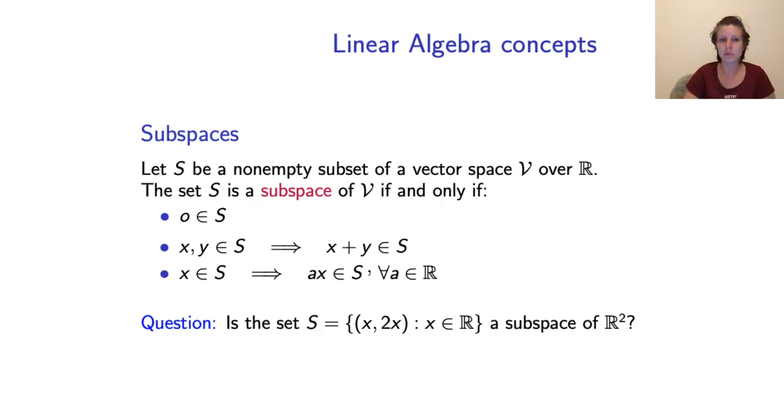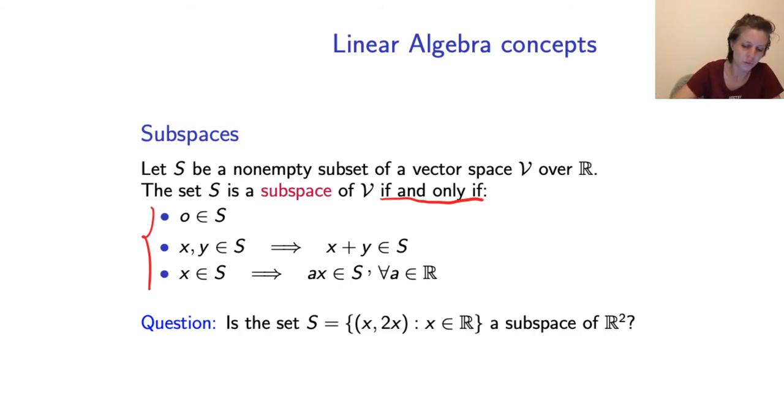So this is the definition of a vector space. And what is a subspace? A subspace S is a non-empty subset of a vector space V such that S is a subspace of V if and only if, which means that if these three things happen, it implies that S is a subspace of V, and the other way around.